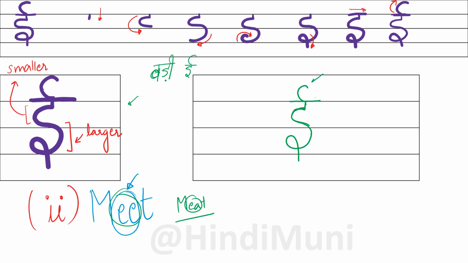Now, this semicircle is what differentiates it from the previous E. The previous alphabet was just this. It did not have this part on the top. So this is what differentiates it from the choti E, the smaller E. This alphabet is Badi E, which has the pronunciation E.